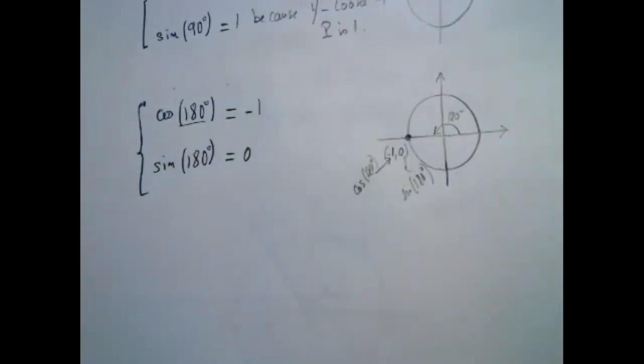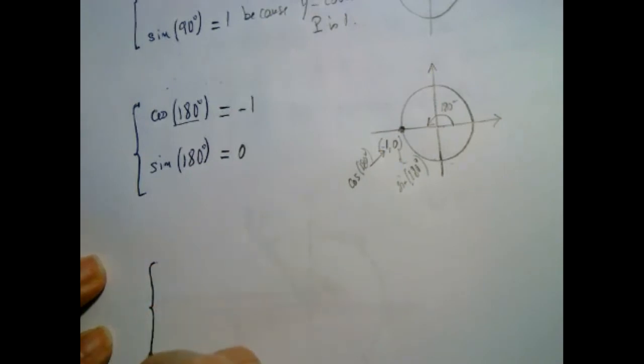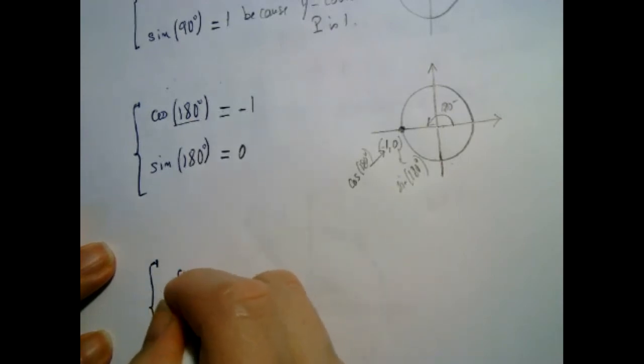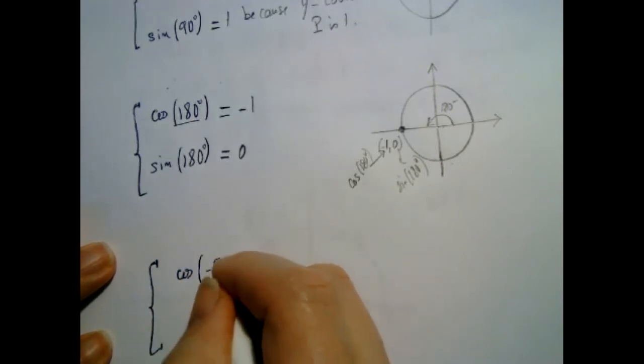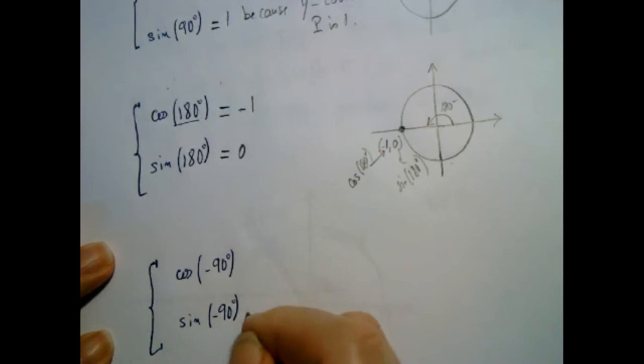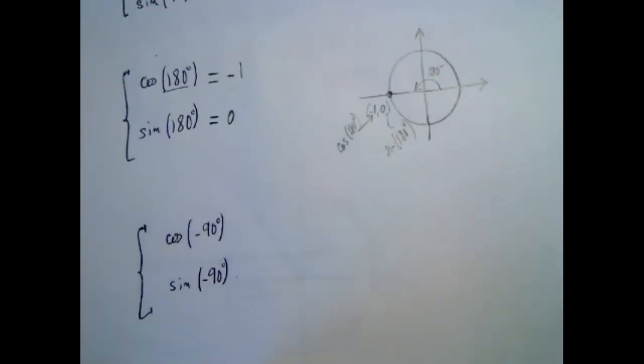Let me see one more. Let us say I ask you what is the cosine of -90 degrees and the sine of -90 degrees. Again, a minute, and I'm going to ask one of you.